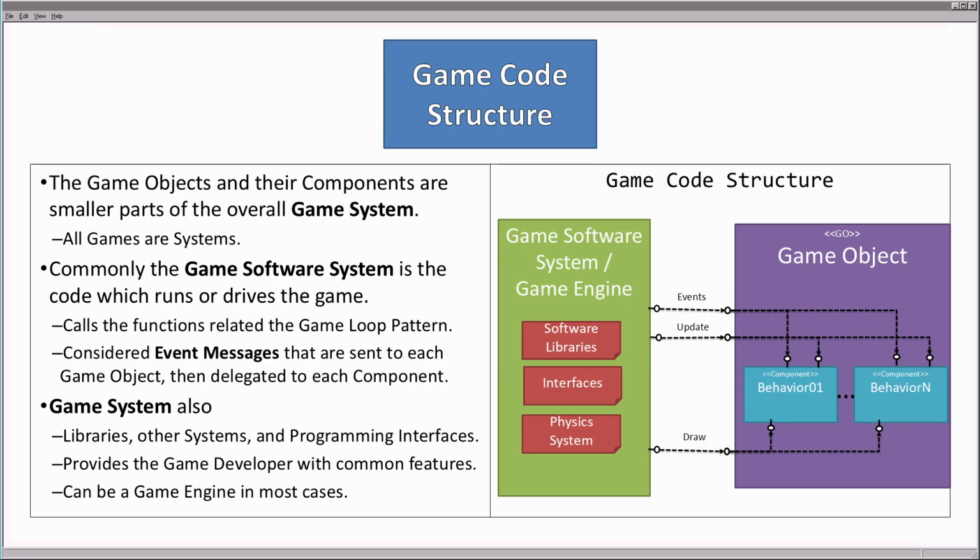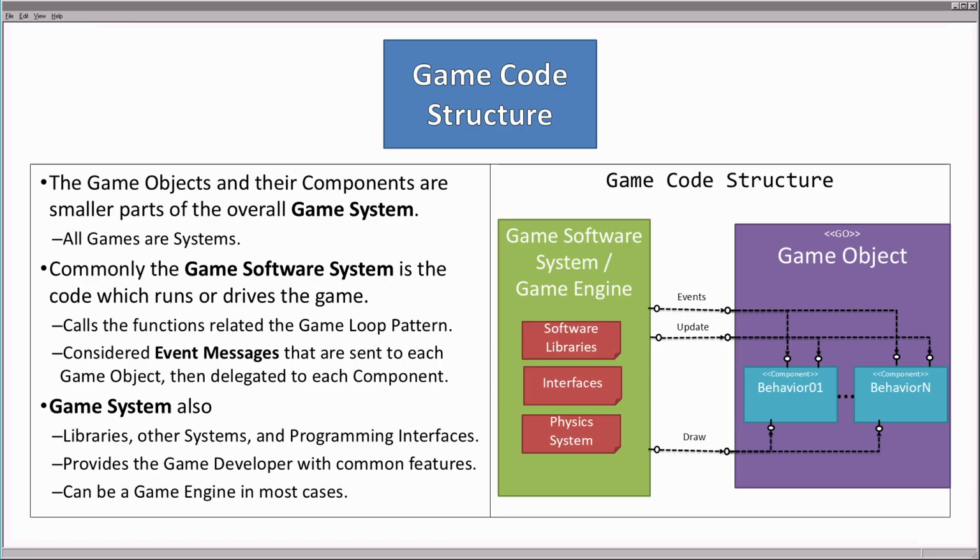In game design, we discussed how all games are systems. Commonly, the game system is the code which runs or drives the game. It is in charge of calling the functions related to the game loop pattern. These function calls can be considered event messages that are sent to each game object and then delegated to each component.